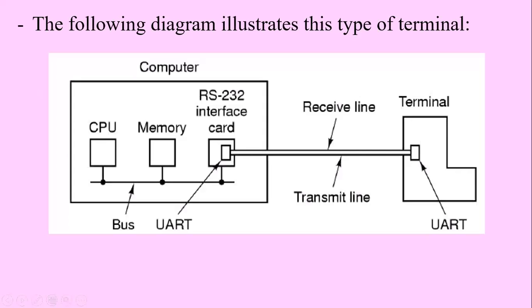The following diagram illustrates this type of terminal. From this diagram, it is very clear that we have a computer and we also have a terminal. This terminal contains a UART, which is connected by a receiving line as well as a transmitting line to the RS232 interface card.